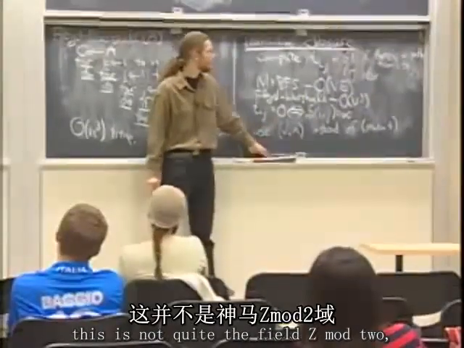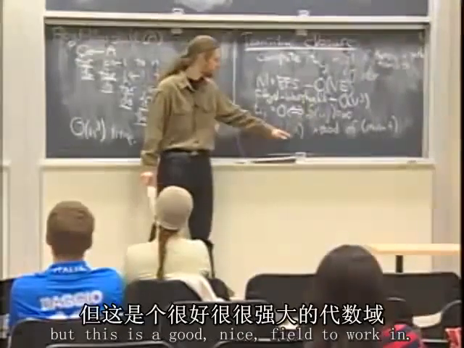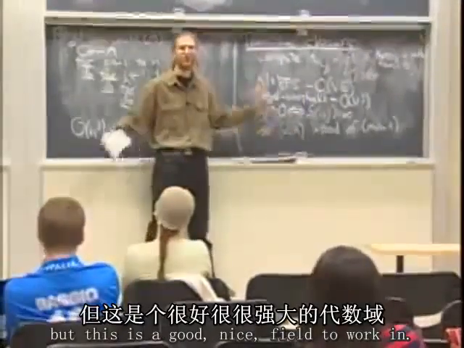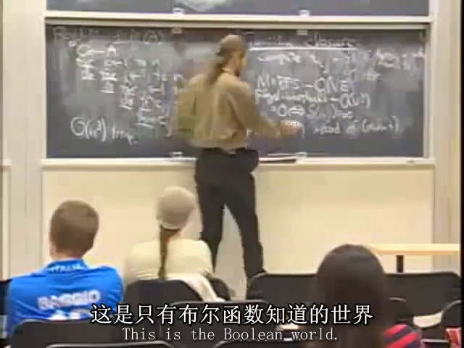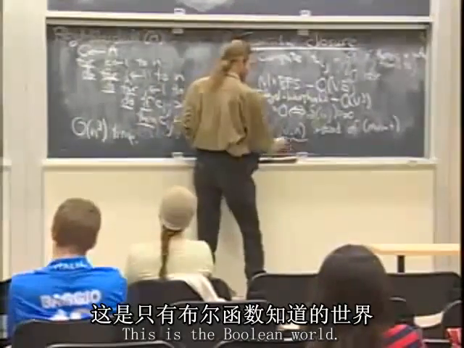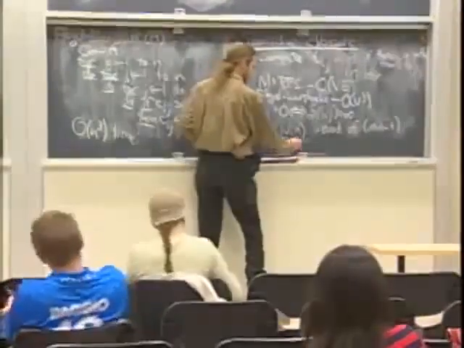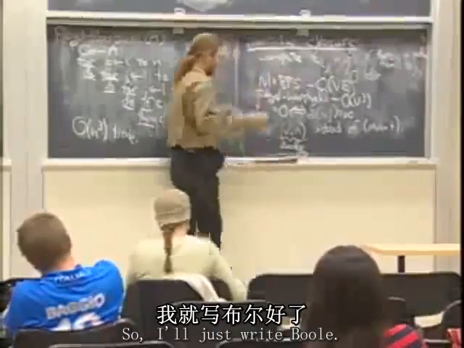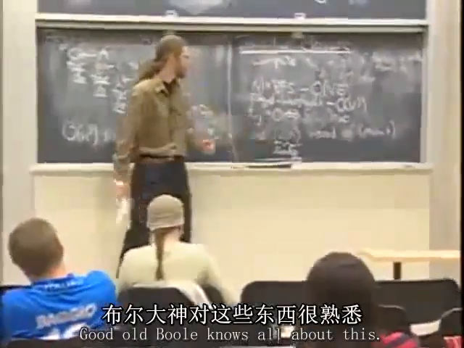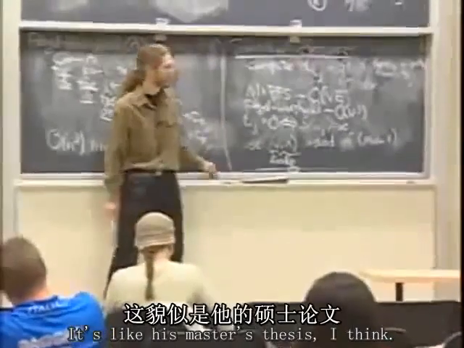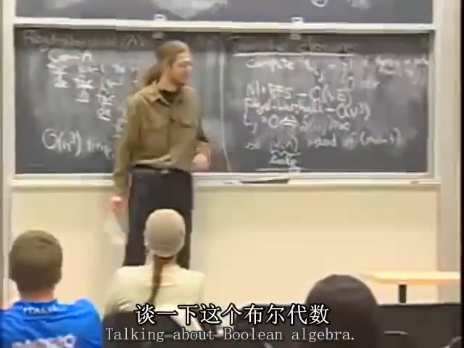It's not quite the field Z mod 2, but this is a nice field to work in. This is the Boolean world. Good old Boole knows all about this. It's like his master's thesis, I think, talking about Boolean algebra.